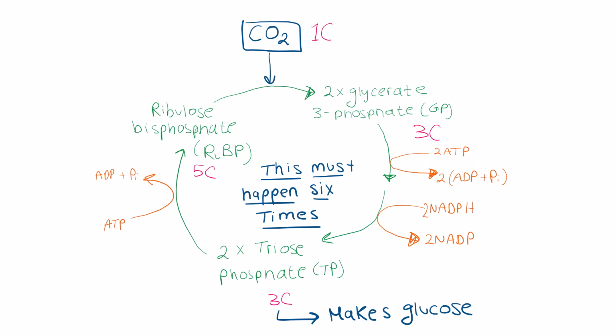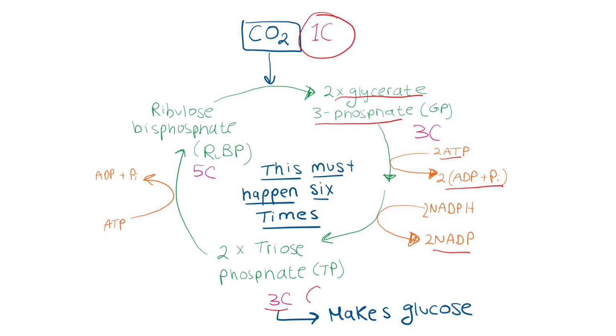So the Calvin cycle. We have CO2, which gives us 1 carbon. Now we're going to have 2 glycerate 3-phosphate, and then we're going to have ATP, which is hydrolyzed to give energy, and then it will release 2 ADP and Pi. We have 2 NADPH, which donates a hydrogen, and it's going to give us 2 NADP, and then this is going to give us 2 triose phosphate, which is 3 carbon.